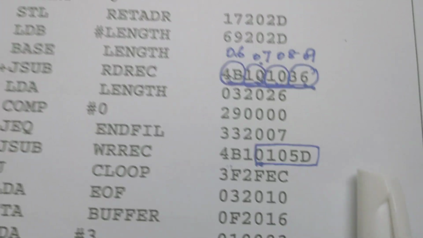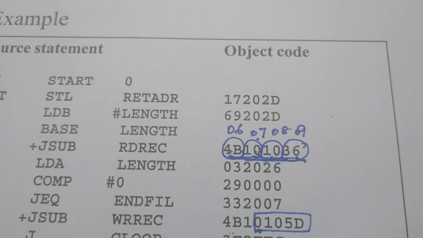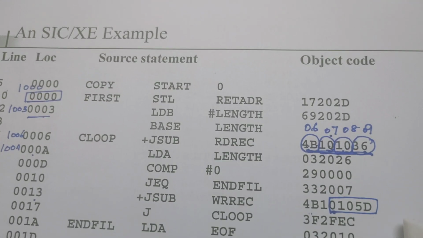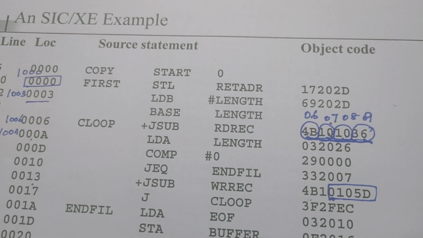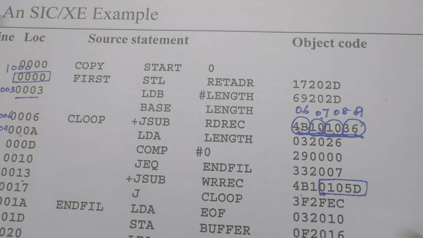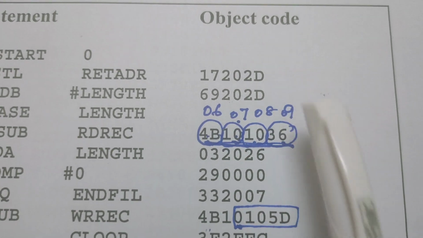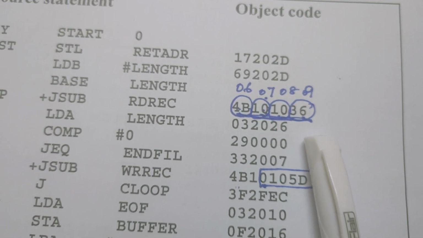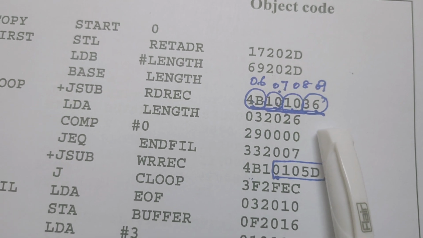In a SIC/XE program, the only instruction format that is impacted during relocation is format 4. For other instructions, the object code remains the same irrespective of wherever it is relocated.